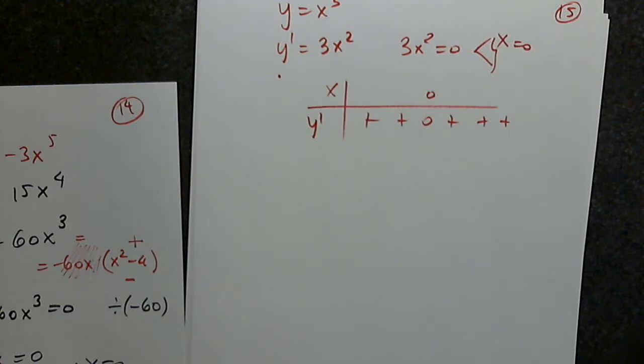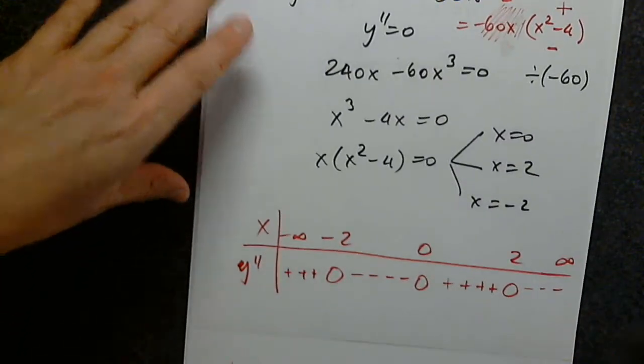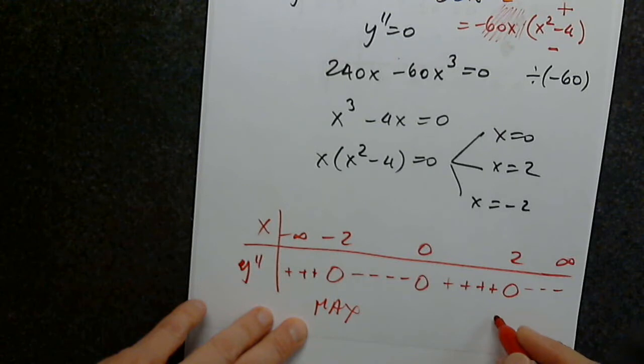For example, the function can have a vertical asymptote at that point. Even if it changes sign, you cannot assume that it's an inflection point, unless the second derivative is 0.